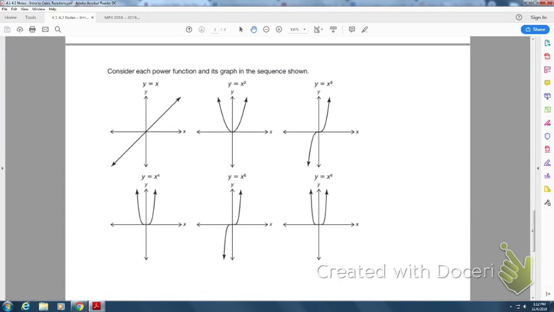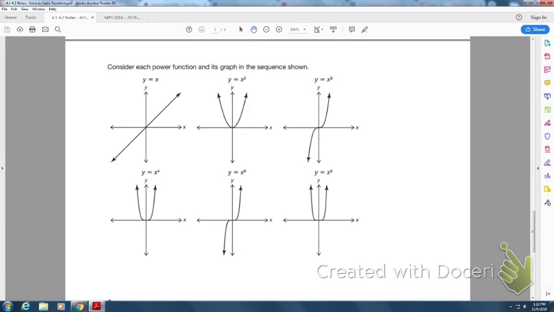So going to the back, you've got a lot of examples of power functions. All right, y equals x, the linear one. Oddly enough, even though that's the simple one, that's the one that looks the most out of place up there. Okay, all the other ones, all of my even degree ones, 2, 4, and 6, they all look kind of the same. 3 and 5, they look kind of the same.